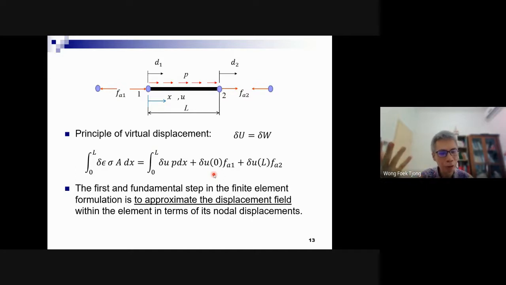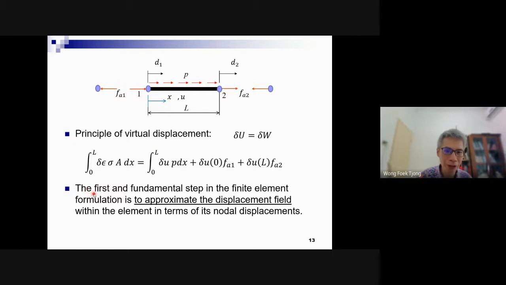The next step is to approximate the displacement. We don't know the displacement here. Well, I just assume that the displacement along the element has some distribution that we know already. That's the approximation, right? This is very important to understand.